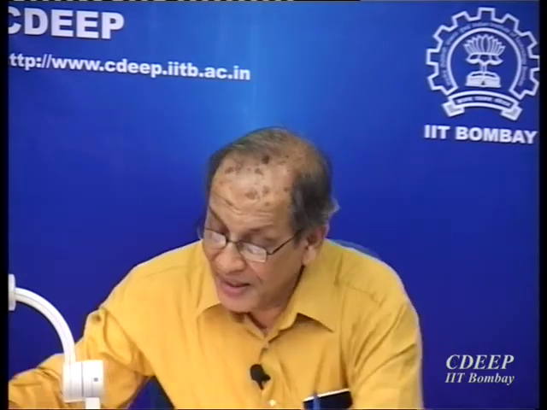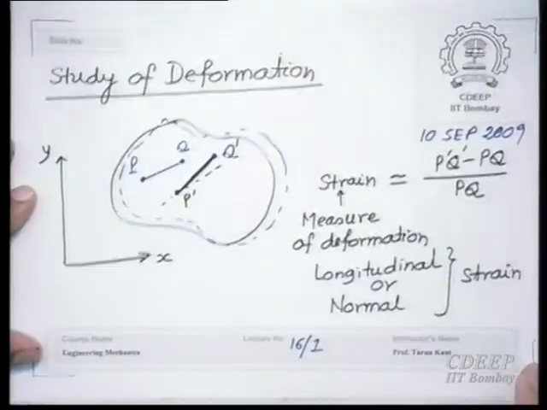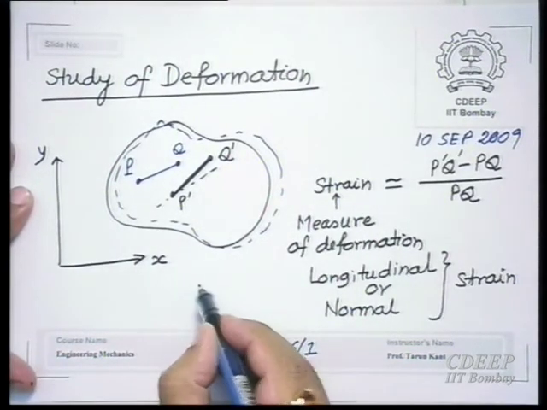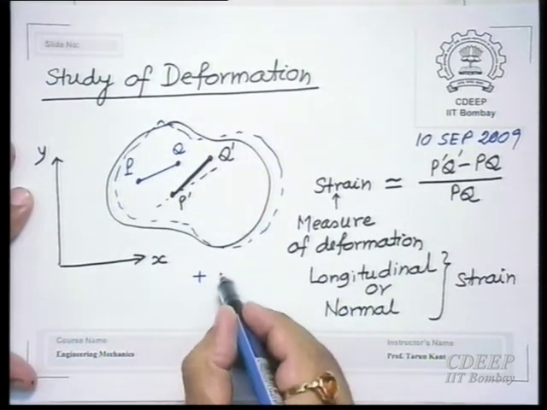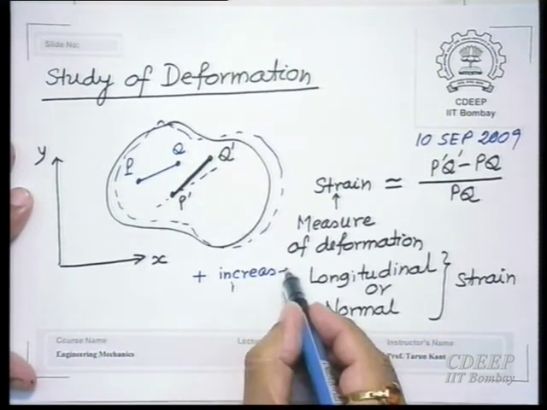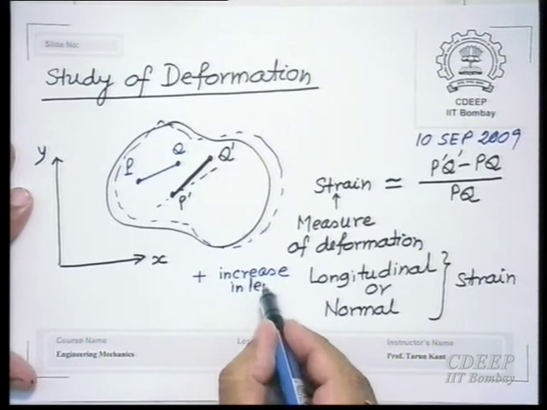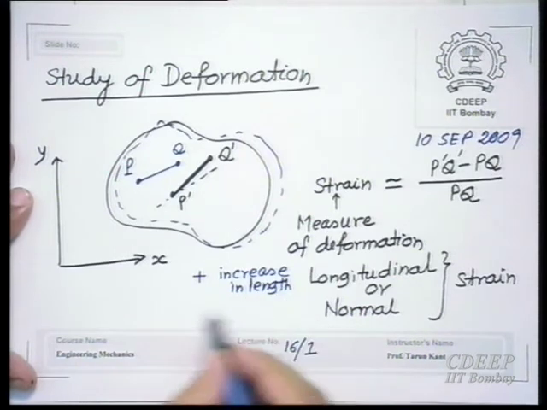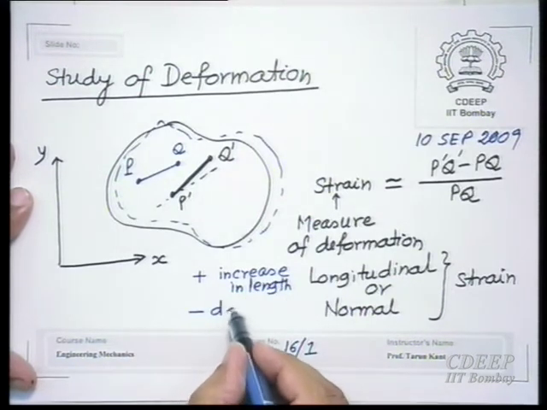Now then positive and negative things you must know very clearly. We always say that if the change is positive, it means the length increases, it is an increase in length, and negative is a decrease in length.